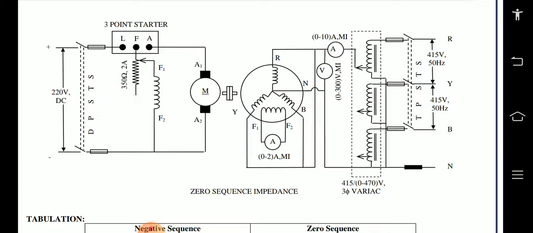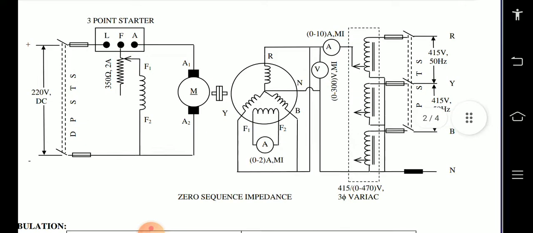And after that, here also you have to adjust your auto transformer from your initial stage to different values for getting the voltmeter and ammeter readings.